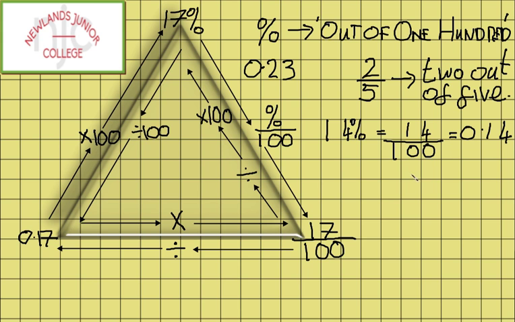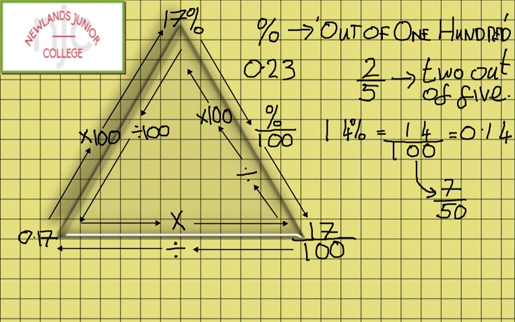It's something that we'll go into detail and explain to you in another video, but if you're curious, this fraction can be simplified to 7 over 50. All we've done there is divide the top by 2 and the bottom by 2. But more of that later.